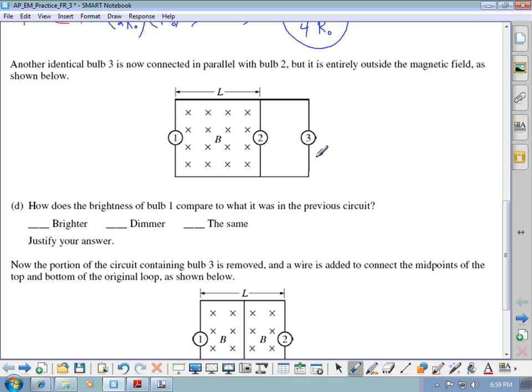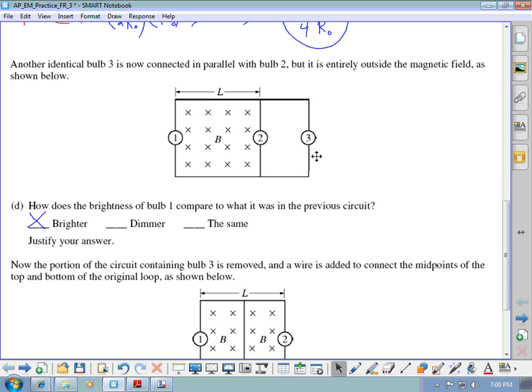And so how does the brightness of bulb 1 compare to what it was in the previous circuit? It's going to be brighter. The reason for that is putting bulb 3 in parallel with bulb 2 decreases the overall resistance of this circuit. And if the overall resistance is decreased, then the total current is going to increase.